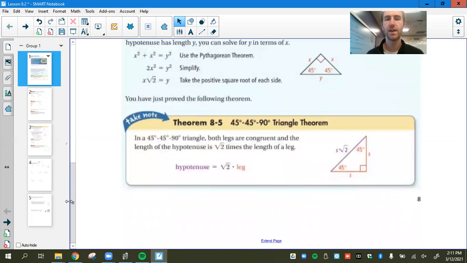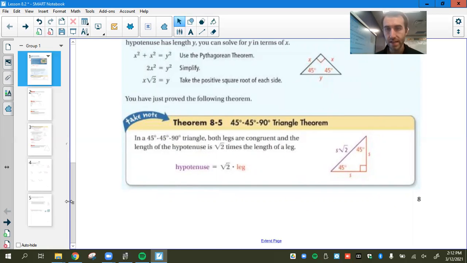The first one being a 45, 45, 90 triangle. Now, this is also an isosceles right triangle, understanding that the two legs are congruent to each other, and that the hypotenuse has a special relationship with those two legs. In any 45, 45, 90 triangle, both legs are congruent, and the length of the hypotenuse is root 2 times the length of a leg.